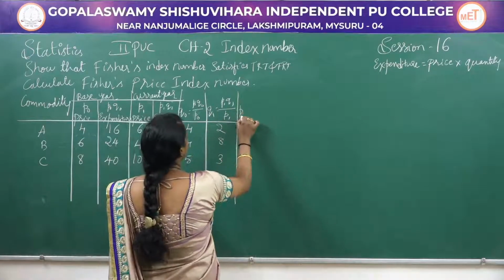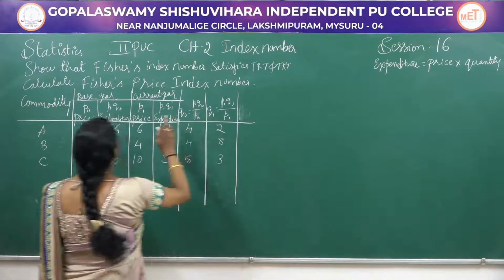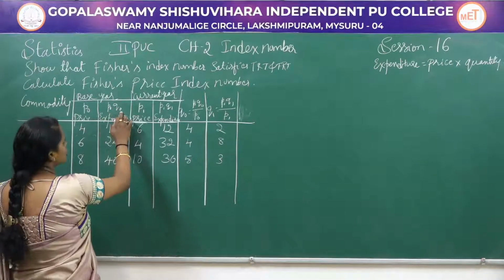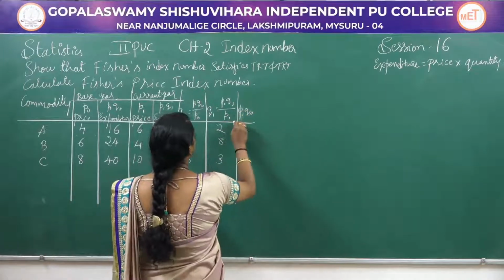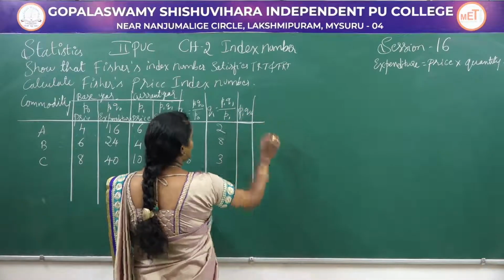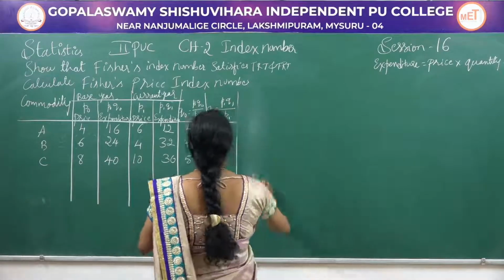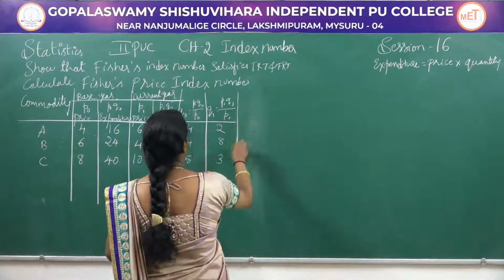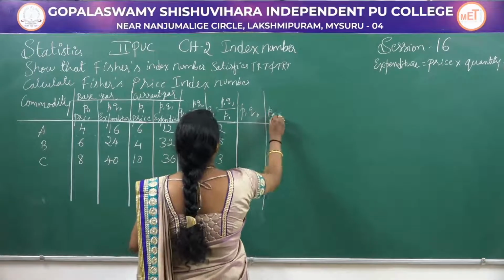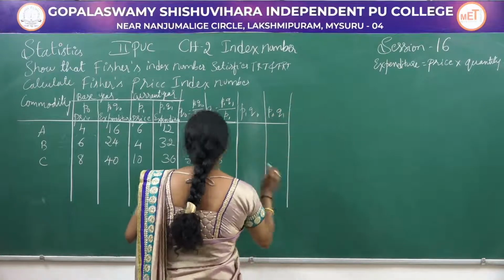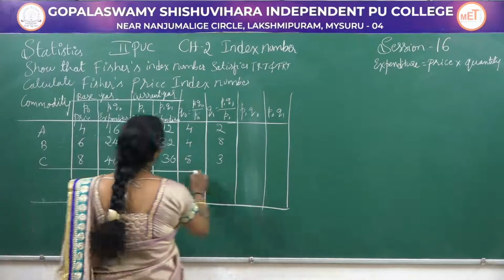Next is to find out the products. Already we have P naught Q naught and P1 Q1. Next is P1 Q naught and P naught Q1. We have to take the product of these, then the totals.